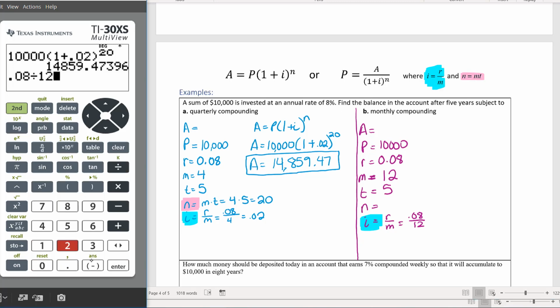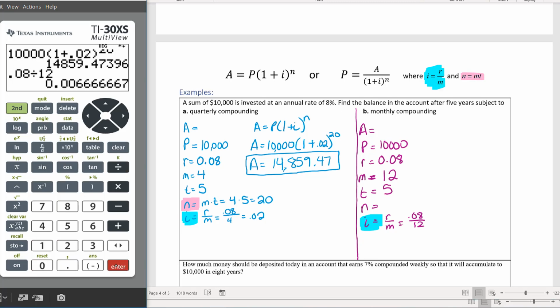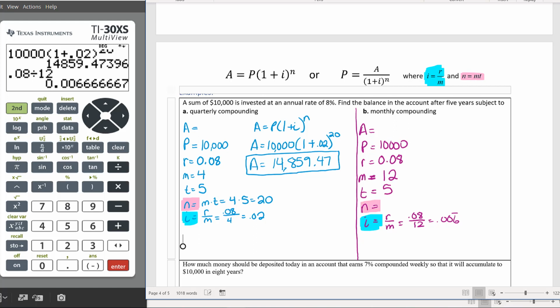Now 0.08 divided by 12 doesn't really come out nicely, so I'm just going to go ahead and plug that in, 0.08 divided by 12, because 0.006 repeating isn't easy for me to type in the calculator. For the pink formula here, N equals M times T. My M is 12 times my T, which is 5.